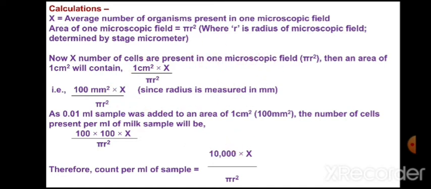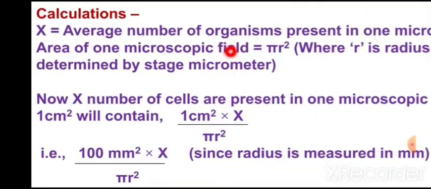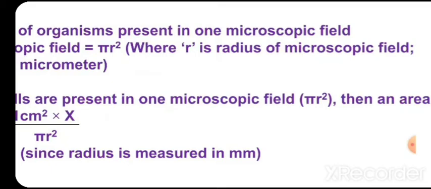Here, x is the average number of organisms, or in this case, the average number of somatic cells present in one microscopic field.